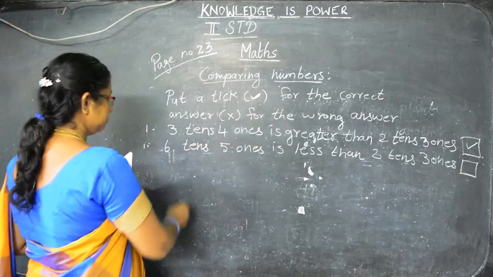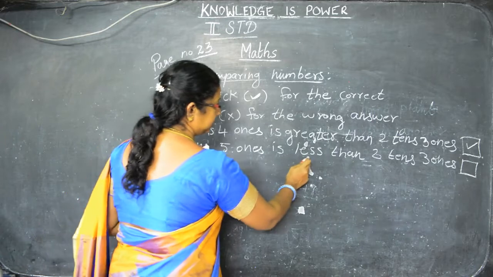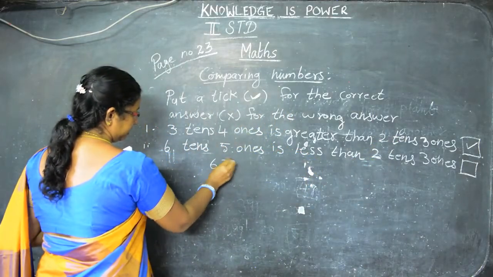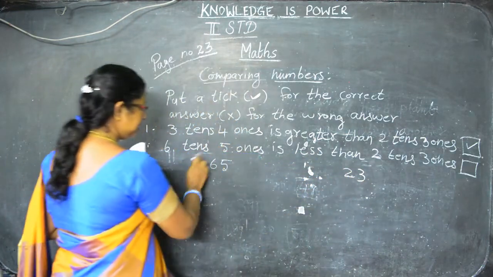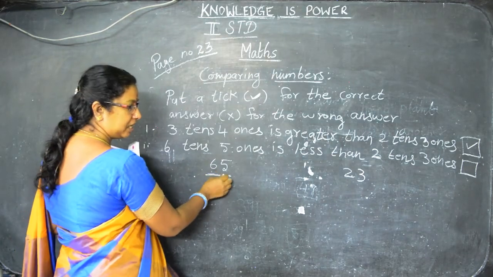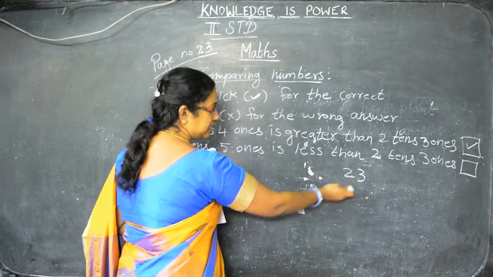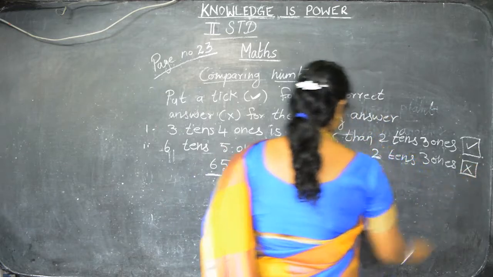See here, 6 tens and 5 ones is less. See, then 65. The 23. See, is less. Kammiya irukka idu? 65 kammiya irukka? No. This one only 23 only less amount, less number. So, the statement is wrong. Put here wrong.